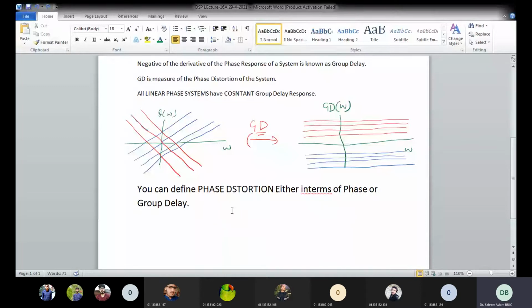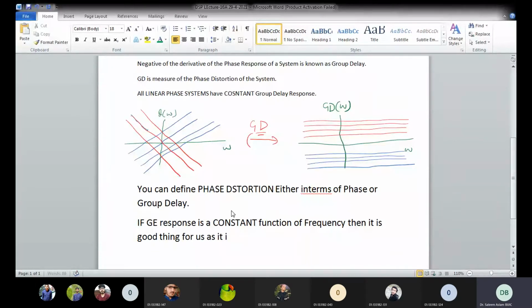If the group delay response is a constant function of frequency, then it is a good thing for us as it is not causing any phase distortion.